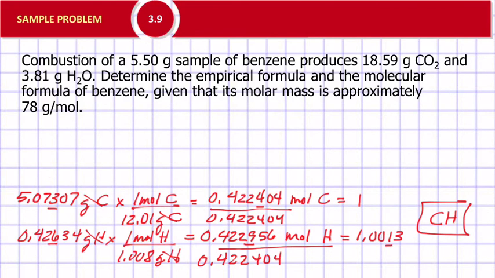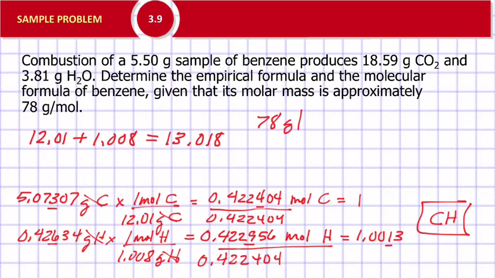C2H2, C3H3, something like that. What we're going to do is take that empirical formula, 12.01 plus 1.008, which gives us 13.018. And we're going to see how many of these fit into the 78.